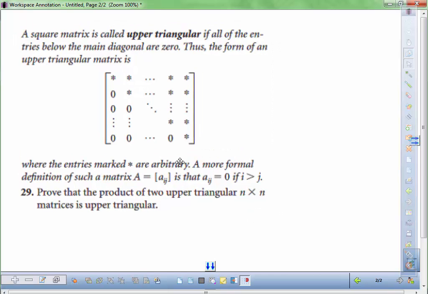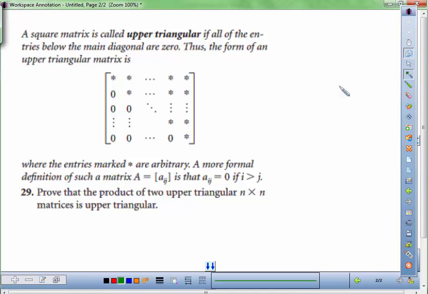A square matrix is upper triangular if all the entries below the main diagonal are 0. Sometimes you might see me do something like this, where there are non-zero terms in the upper triangle, including the diagonal, and zeros everywhere else. This is why it's called upper triangular: the shape you get for the upper part is triangular, non-zero, and everything else is 0.